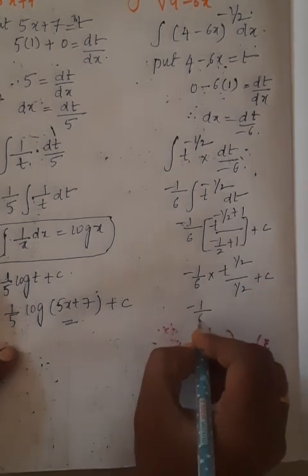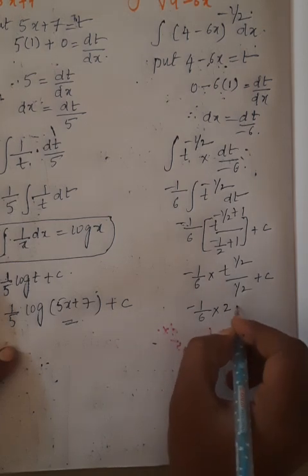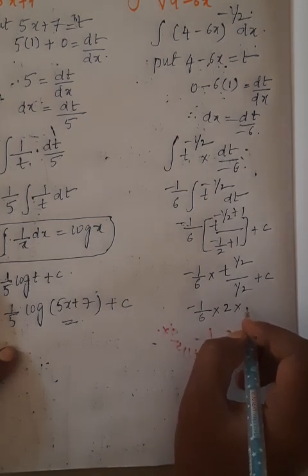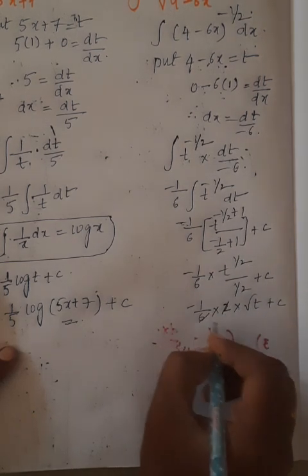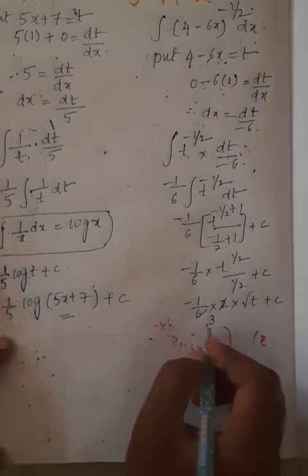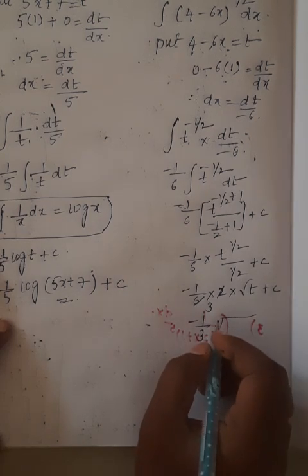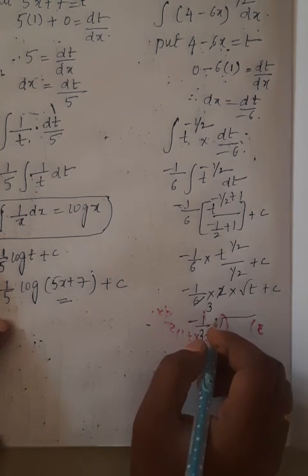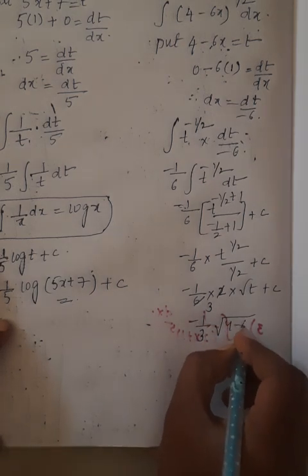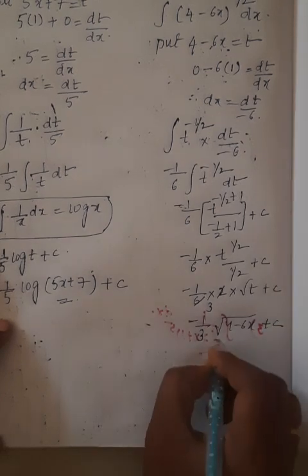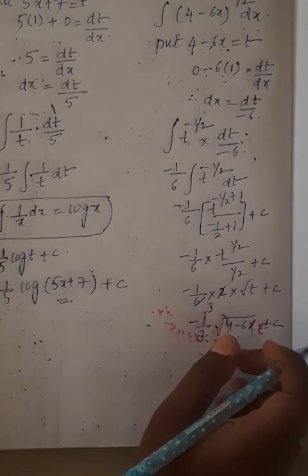The denominator half will become 2 in the numerator, into t power half, which can also be written as root t, plus c. So we can cancel 2 ones are 2, 3 twos are 6. So it will become minus 1 by 3 into root t. T we have taken as 4 minus 6x. So substitute that, root of 4 minus 6x, plus c. So this is our final result for the given question.